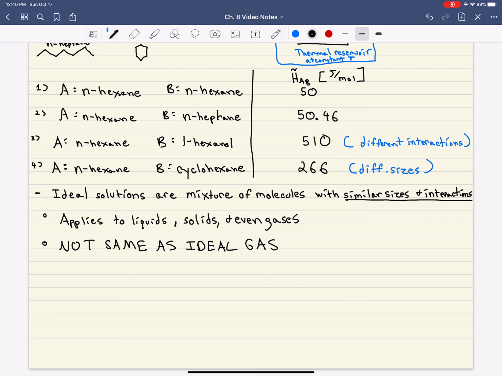They don't take up any space. While with an ideal solution, we are specifically talking about how the molecules do take up the same amount of space and that they have interactions with one another. So an ideal solution is a sort of framework for understanding how chemicals behave when they're being mixed together.